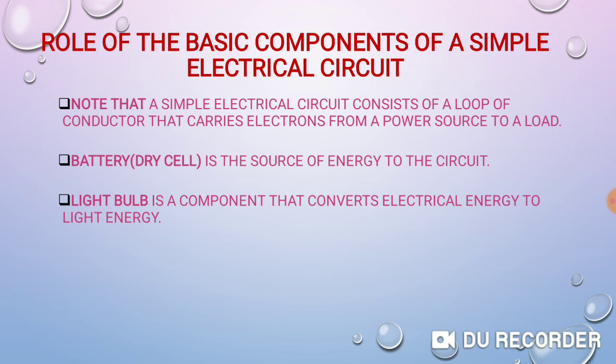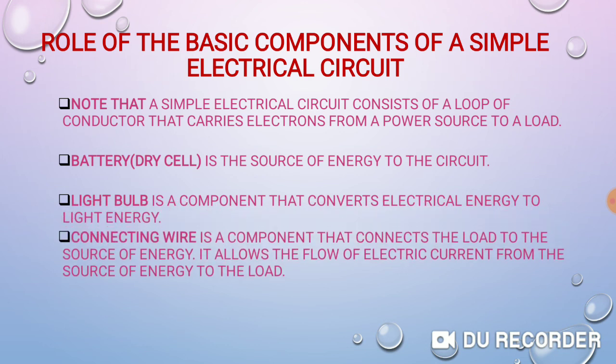Now the light bulb is a component that converts electrical energy to light energy. Then we'll move on to the connecting wire. The connecting wire is a component that connects the load to the source of energy.